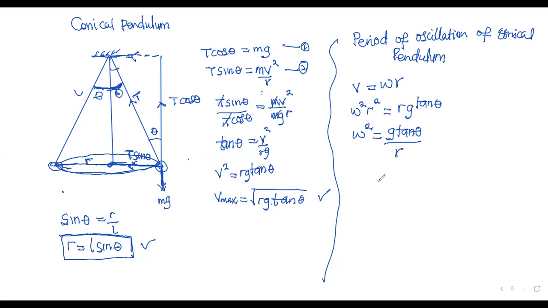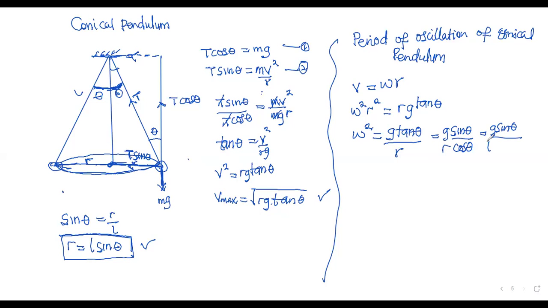What is tan theta? Tan theta is the same as sine theta over cos theta. This times r. We earlier also had r to be equal to L sine theta.